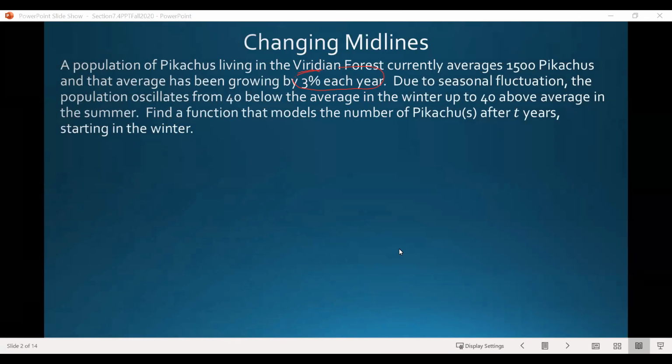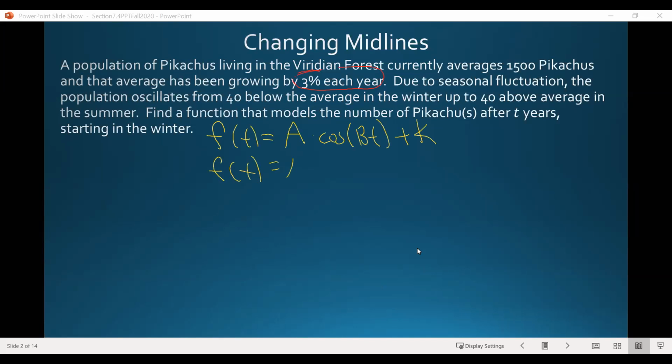Now, as we've seen in the past, to write an equation for something like this, we have to use a formula of the form either f of t equals a times cosine of bt plus k, or f of t equals a times sine of bt plus k.